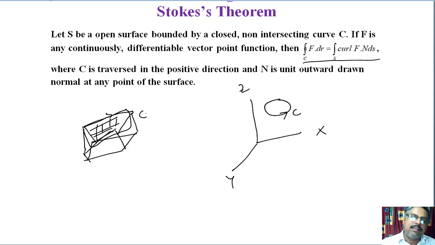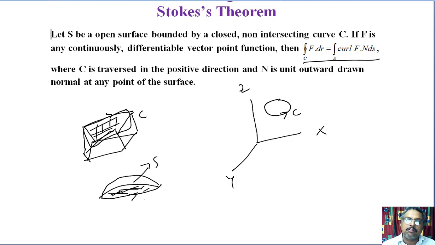In a similar way, suppose you take the upper half of a sphere. It is open at this part, and this surface S is bounded by the closed curve C. Suppose you take a circle, S is the surface.